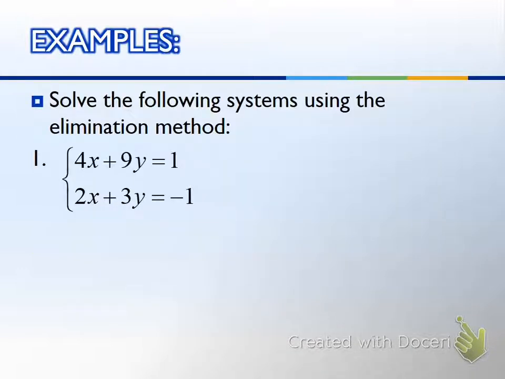Example number 1. We have this system of equations, but we do not have opposite coefficients on either of our variables. So we have to multiply one or both of the equations by some number or numbers in order to force that to happen. Now, I would usually recommend multiplying the equation with smaller coefficients, right?